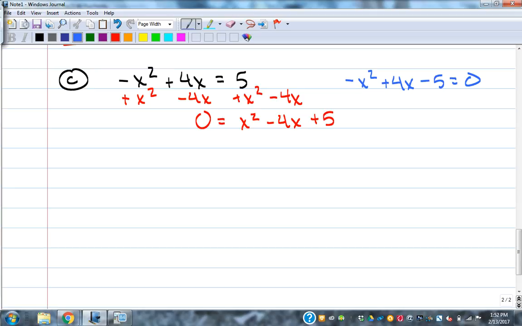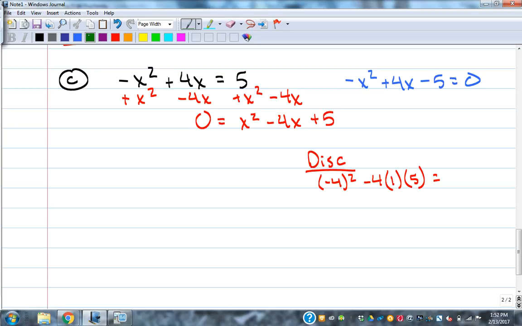All right, so let's get the discriminant. Negative b plus or minus b squared minus 4ac divided by 2a. All right, so the discriminant.